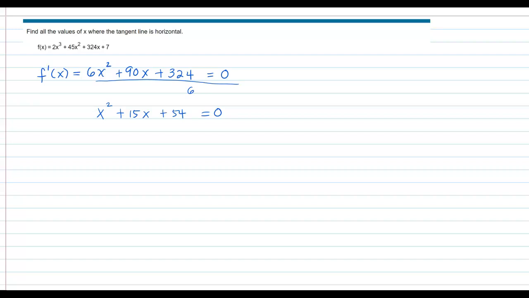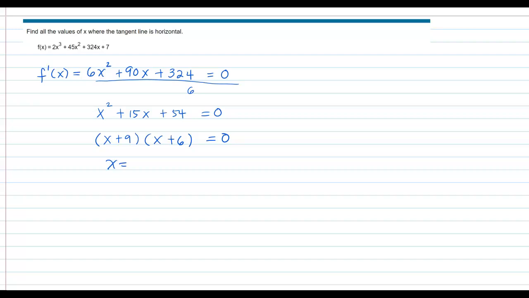Okay, so let's look at the factors of 54. 54 is 9 times 6, and if you add 9 and 6, that gives you 15. So that means that you could factor this into x plus 9 times x plus 6 equal to 0.